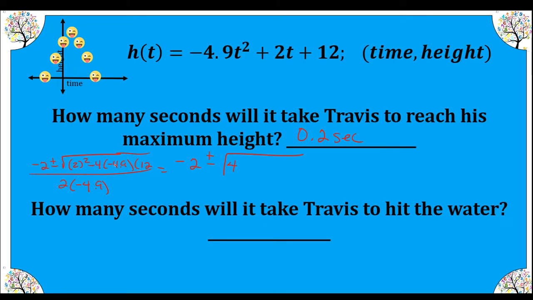We have a negative times a negative, that's plus. And now we're going to multiply 4 times 4.9 times 12. That gives us 235.2, over negative 9.8.